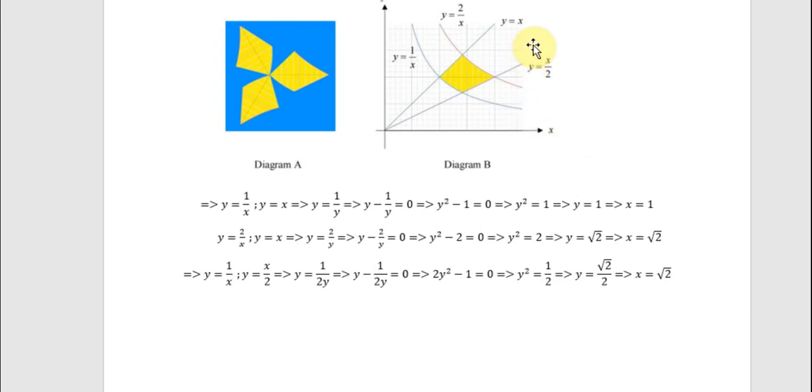The next one, that's about s over 2 intersecting with 2 over s in here.